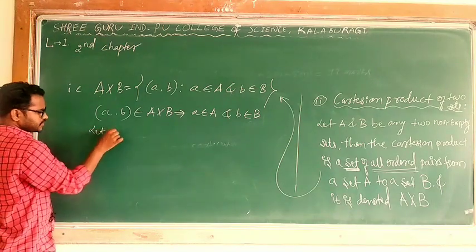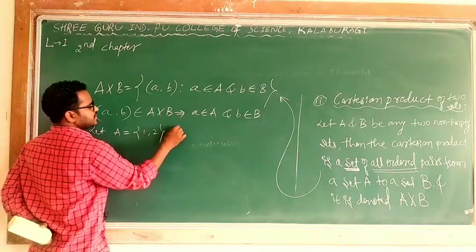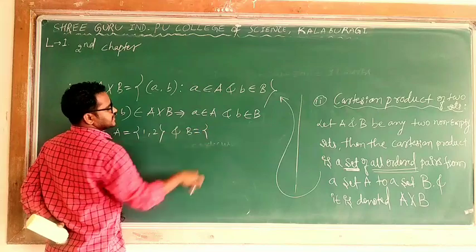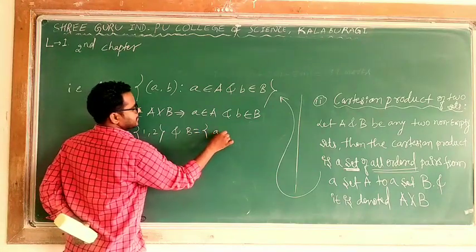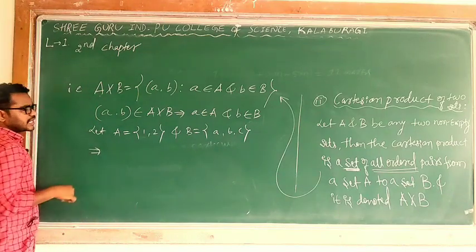Let A equal {1, 2} and B equal {a, b, c}. What is a Cartesian product?